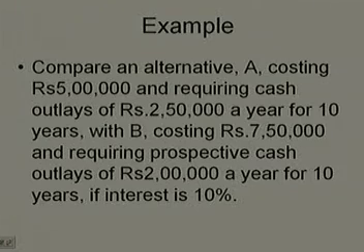Step 1 remains the same: I have to draw the cash flow diagram. You must be in a position to draw it on your own, but just to refresh your memory, I will do this on a piece of paper.